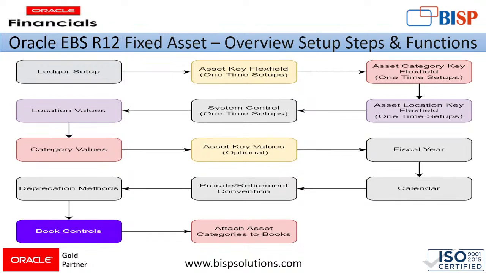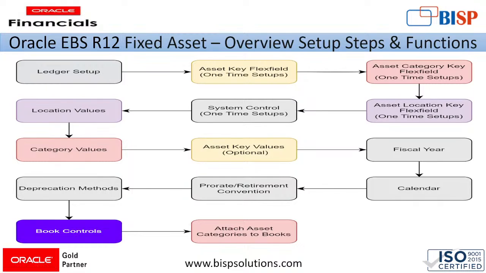You can mark any specific area, it's basically used to pull a report out of the application, right? So that is the asset key value. It's optional, you can use that, but while deploying the flex field, it is mandatory. The asset key flex field is mandatory, but the values are optional, right?